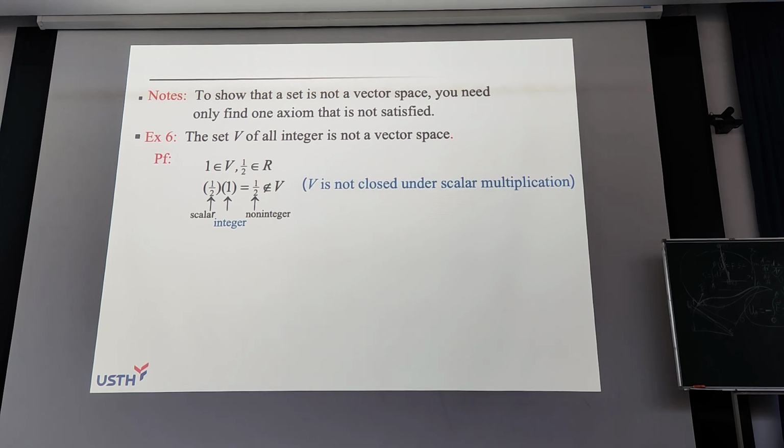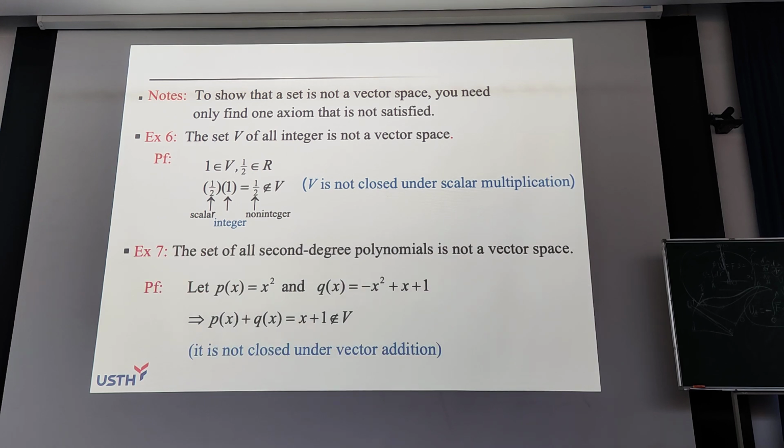In words, V is not closed under scalar multiplication. Or in Vietnamese we say tập hợp V không đóng đối với phép nhân với một số. Đóng có nghĩa là khi thực hiện phép toán đấy thì kết quả nhận được nó vẫn phải nằm ở trong đấy.